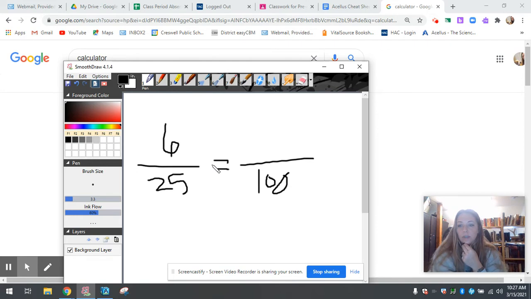I could just do mental math here. To get from 25 to 100, I would multiply by 4. What I do to the bottom, I do to the top. 6 times 4 is 24, so it would be 24 out of 100.